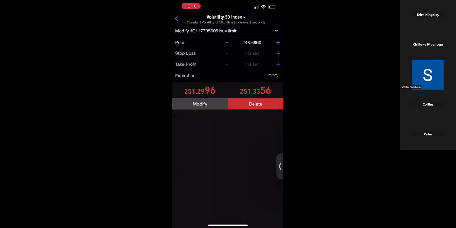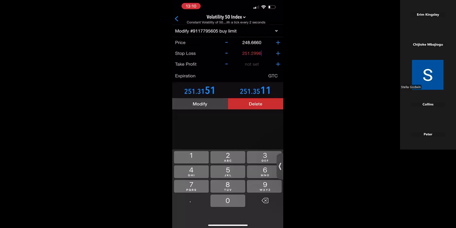That modify is where you now put 246. Okay. Modify. Stop loss is 246.00. Let's put it that way. Modify. So that's your stop loss.